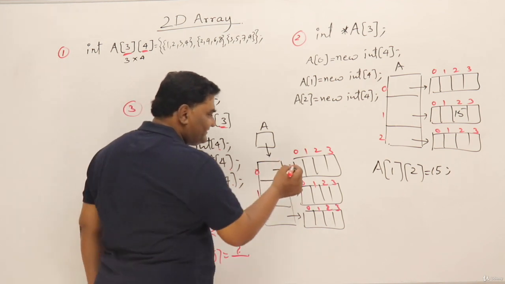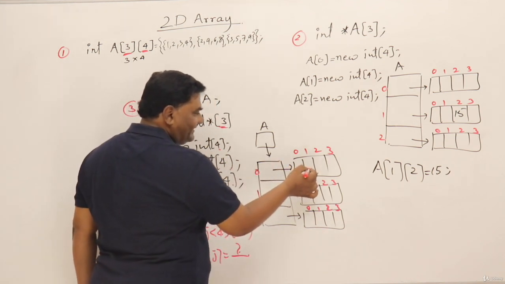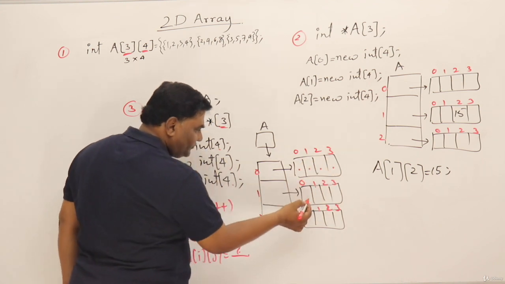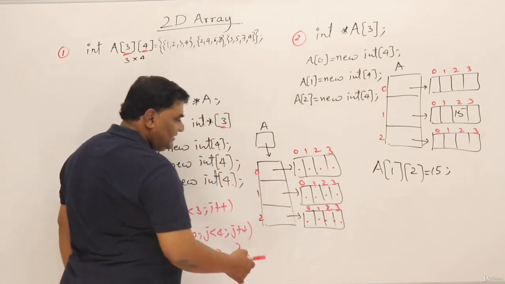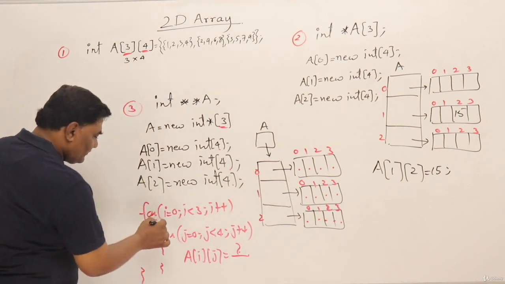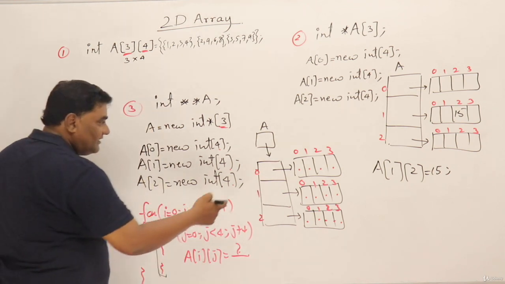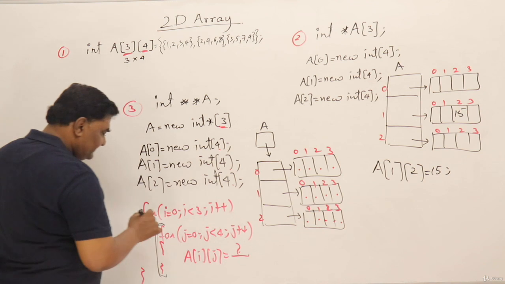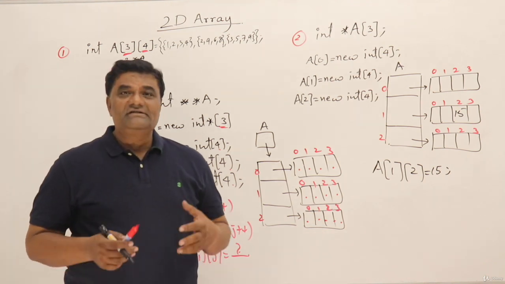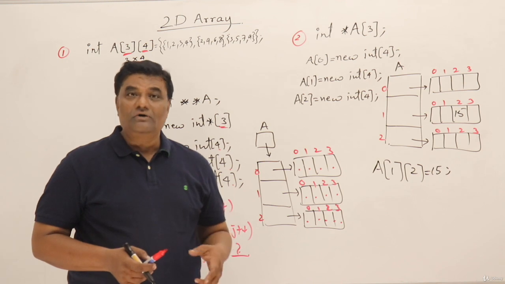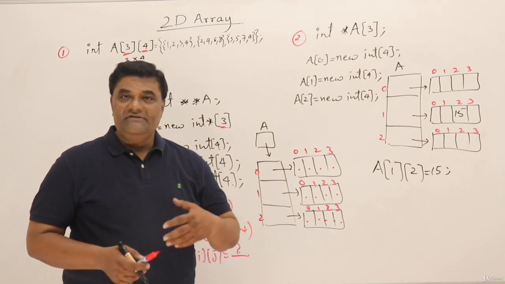It will access like this: first this element, next, then it will come to the next row, all the elements in a row, then next, all the elements in a row. For accessing all the elements in a row, this is the loop. For changing the rows, this is the outer loop. So that's all. These are the few basic things that one must know about a two-dimensional array. So I have explained them.